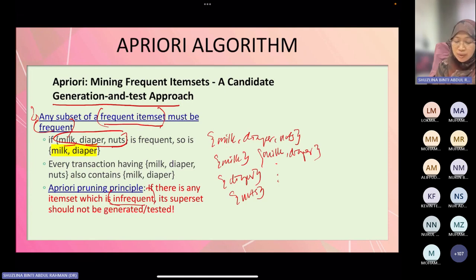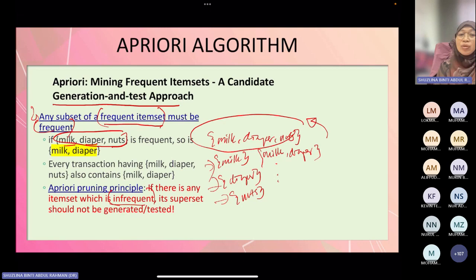In other words, if any of its subsets appears to be infrequent, the superset should not be generated or even tested. So we can skip that, knowing that one of the subsets is infrequent. That's the meaning of the test approach.